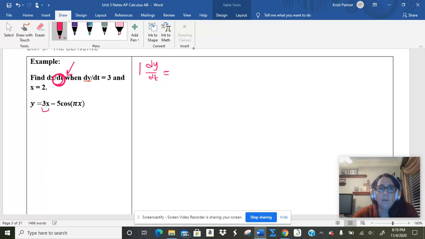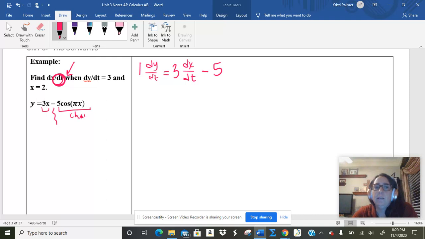Equals, I can think of these as separate because it's got a minus. So the derivative of 3x is 3, but I took the derivative of x with respect to t. So that's different. Before we were doing it with respect to x, so it went away. Now it doesn't. Minus 5. Coefficient along for the ride.